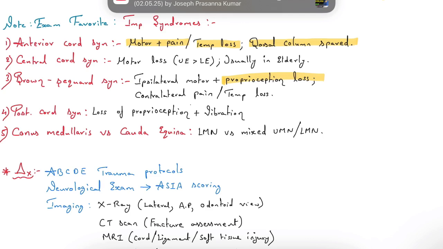That numbness we call saddle anesthesia, and we can see some bladder and bowel dysfunction. For cauda equina, this is a very surgical emergency. Okay. This saddle anesthesia we mostly see in cauda equina syndrome.